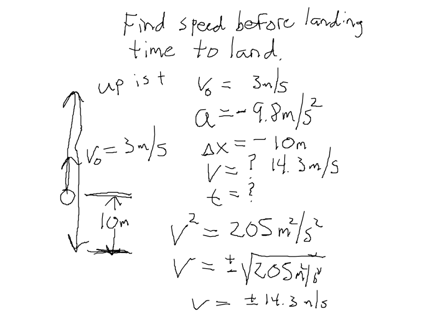Obviously it needs to be going down. And since we have defined up as being positive, if I want the velocity of the rock to be going down when it lands, I need to choose the negative root. So the proper velocity of the rock just before it lands is negative 14.3 meters per second.